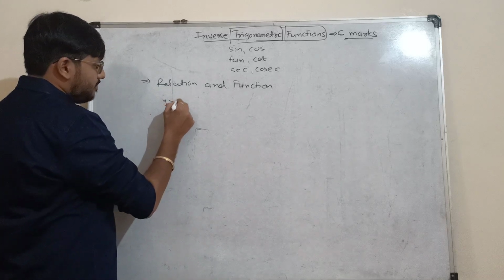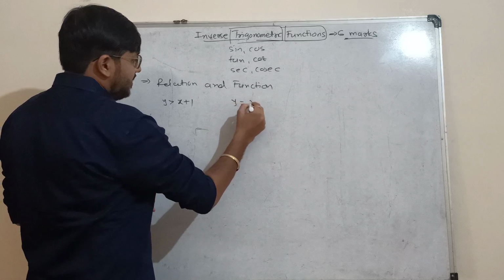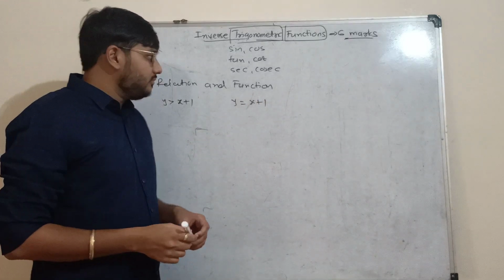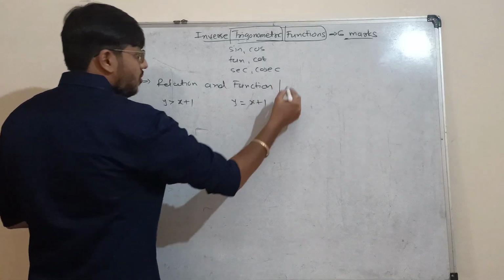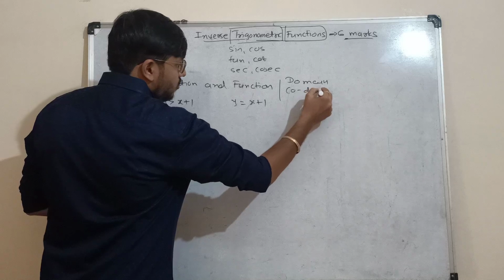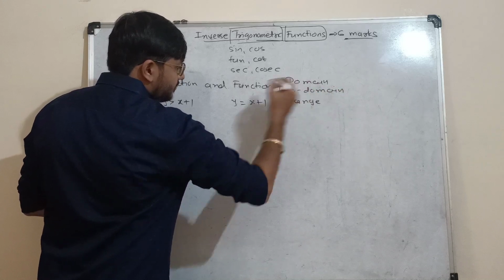So in first example, I will take y greater than x plus 1, and in second example, I will take y equals x plus 1, right? And before that, we all know about the 3 words which are domain, codomain, and range, right?